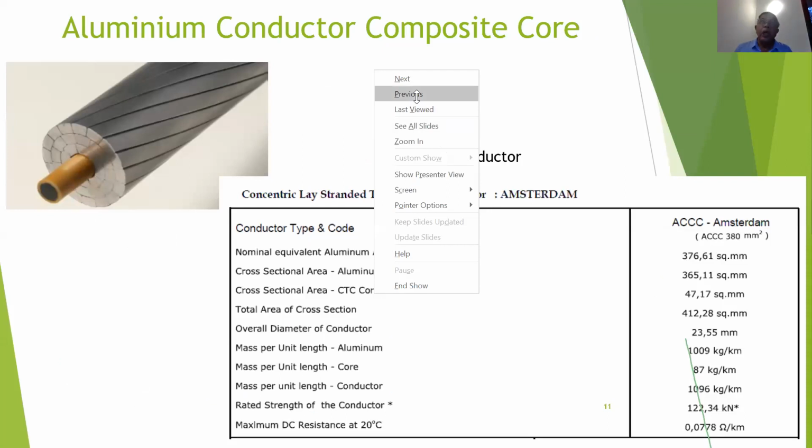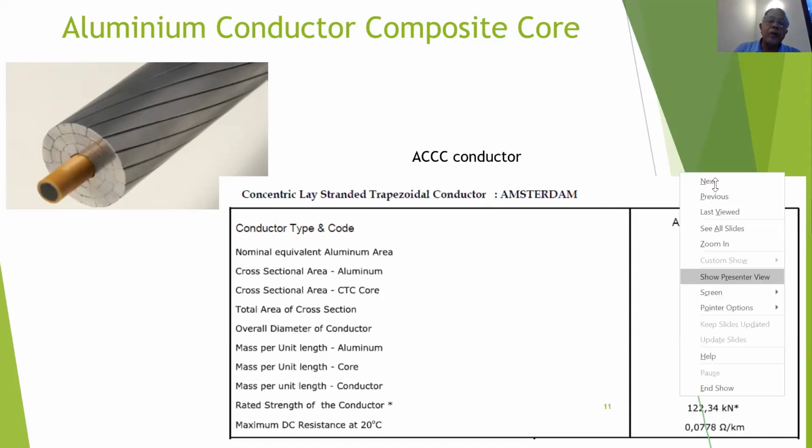Now, when you are designing a new transmission line, if you use a low weight conductor, what happens is your structure would be lighter and your foundations would be smaller. So you have those advantages when you are using ACCC conductor. Okay, these are the properties.